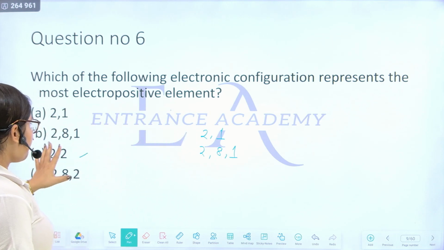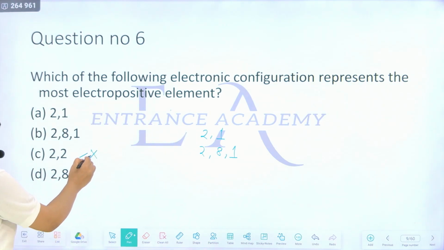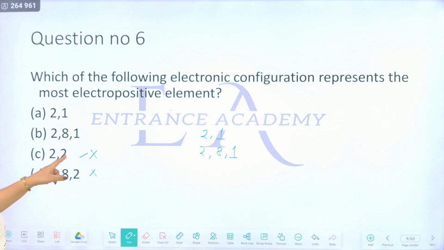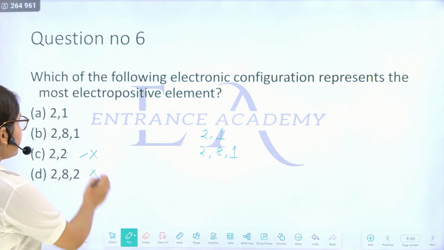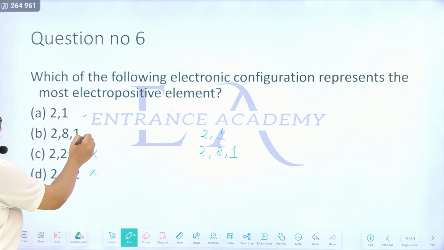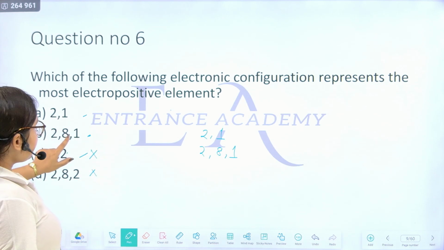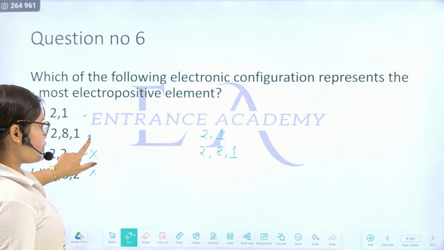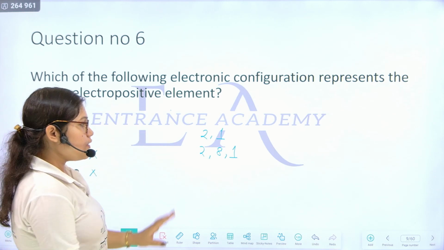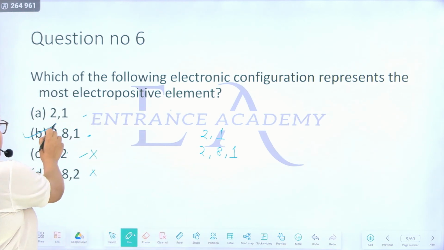So most electropositive, this one is not, just because it has 2 electrons in the outermost shell. The first case is 2, 1 and this one is 2, 8, 1. The first has 1 electron in the outermost shell, and the second also has 1 electron in the outermost shell. But the answer is 2. Why?